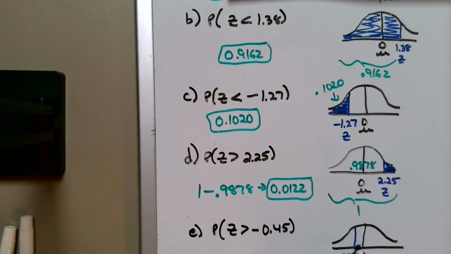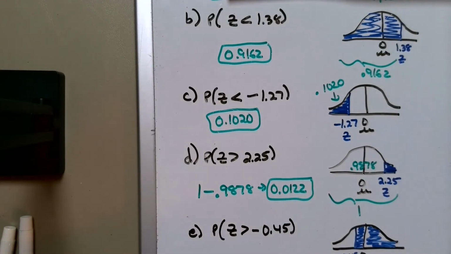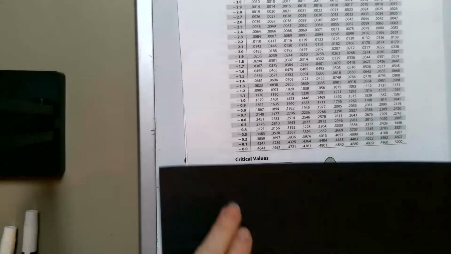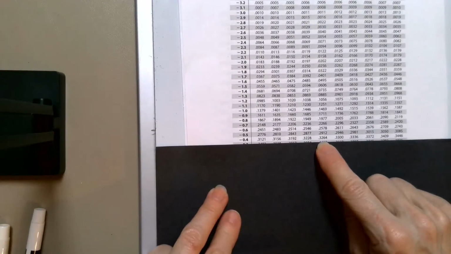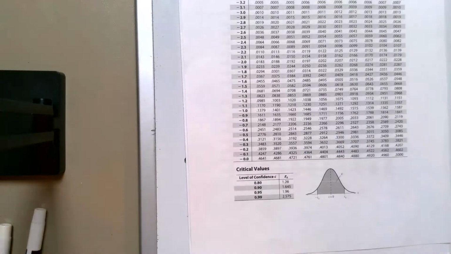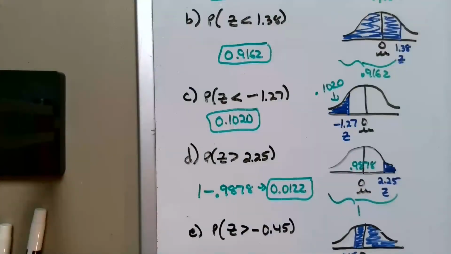Greater than means shade to the right, so all of this and all of this. Going to the negative Z side of the table, looking up negative 0.45, negative 0.4 and then 500ths gives you 0.3264, which again is the area to the left, because that's how our table works.